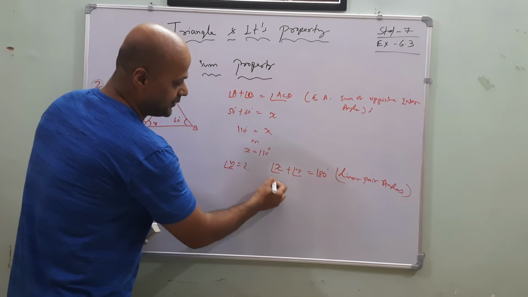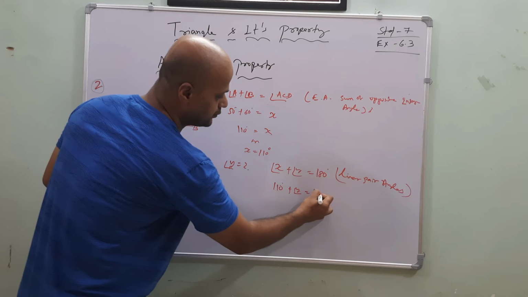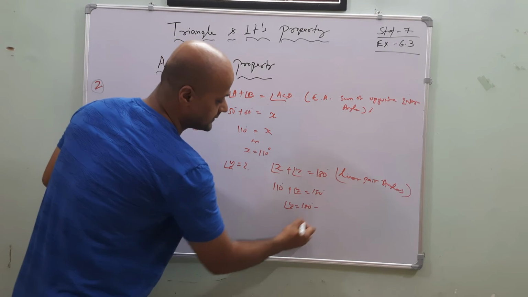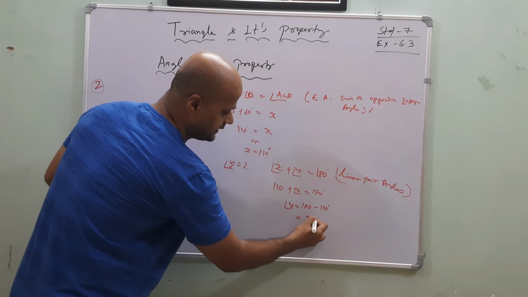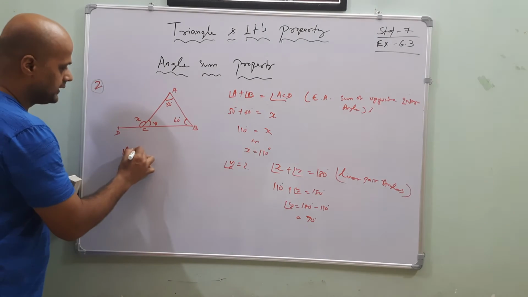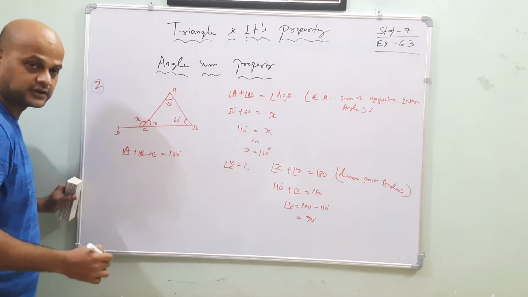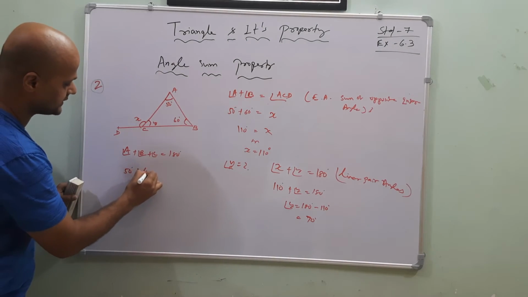So X is equal to 110, Y is not given. Put the values. Angle Y is how much? 180 minus 110 degree is equal to how much? 70 degree. Now, according to the angle sum property, angle A plus angle B plus angle C is how much? 180 degree or not? So, angle A is 50, angle C is 60.